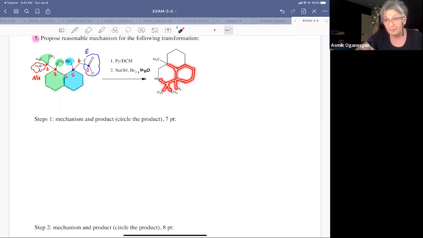Let me repeat. Comparing these 3 rings, on this ring over here, what I see is that there is a carbon which carries a methyl group, just like here.